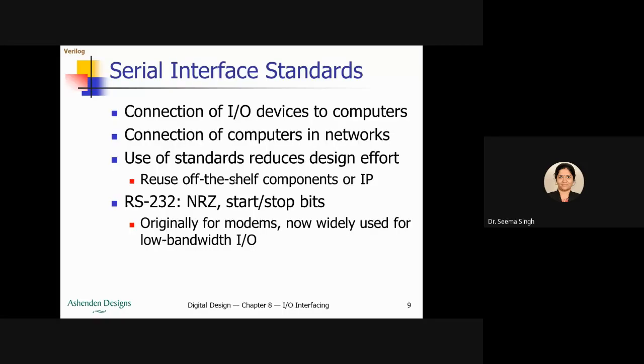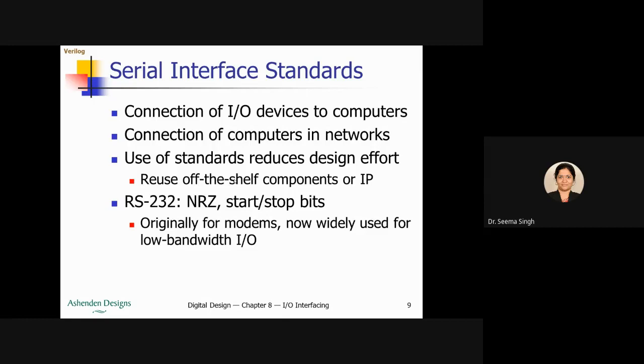So number 1, RS232, you would have heard this name. It is a very common thing, but it is not being used now. It was originally used, if you remember, when we used to use modems long back. Now it is used only for its low bandwidth IO.